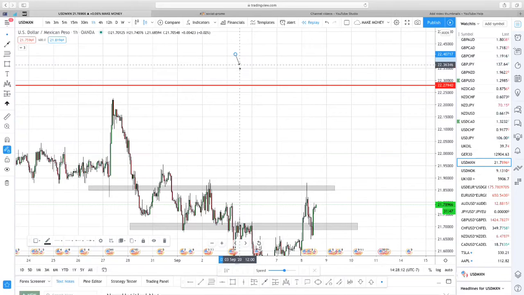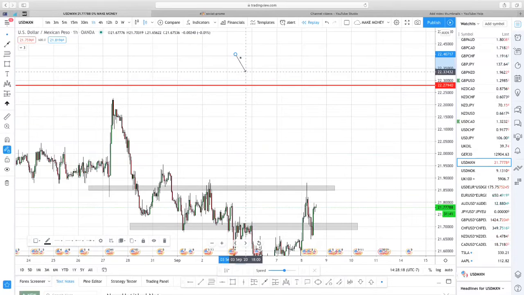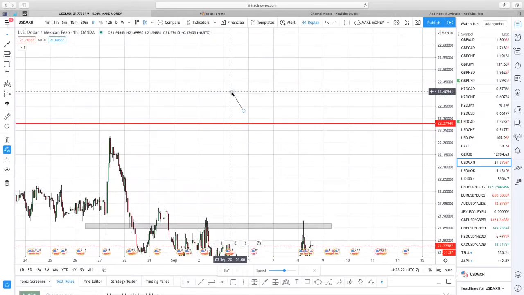If this is price coming down into this, this would be a sell stop. That's for the next video. We're going to go over that in a few. Right now, we're going over sell limits.